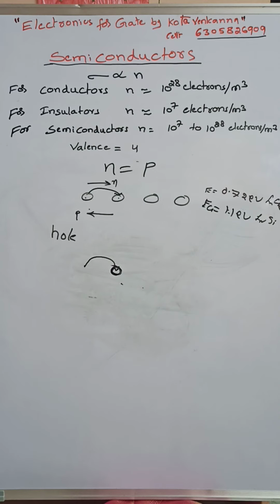Due to recombination, an electron and hole pair disappears and immediately another electron hole pair is generated.